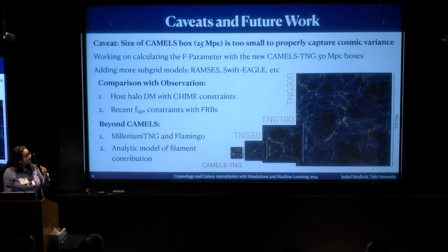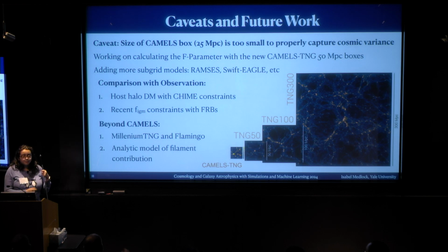But I think back to the main project, our main concern is that the current size of the CAMELS boxes, the ones that we've analyzed, the 25 megaparsec boxes, is too small to properly capture cosmic variance, which FRBs are very sensitive to. So our calculations are all biased lower, and we can't directly compare to observations at the moment.